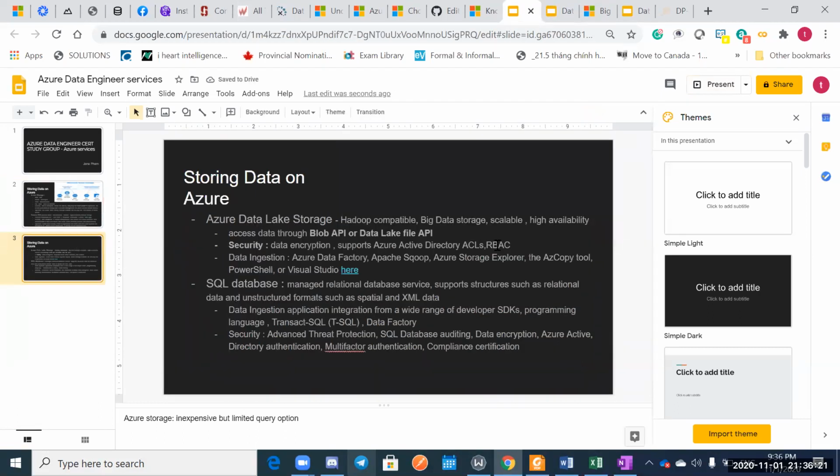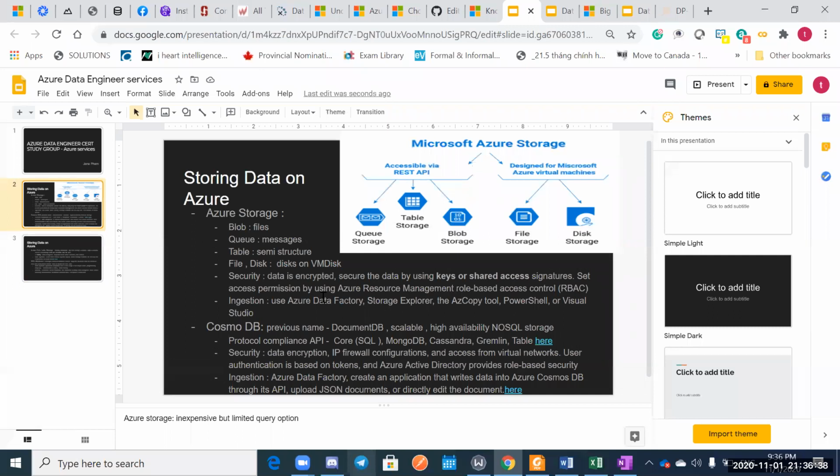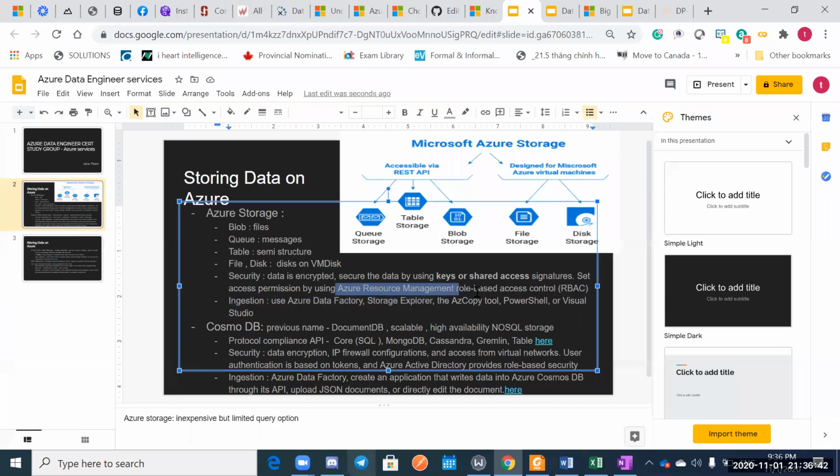You have here again security, data encryption, Azure Active Directory, RBAC. So get familiar with the keywords, because when you remember the keywords, you will see them over and over again, and you will get familiar with the architecture. I just want to repeat again: Azure Resource Management, Role-Based Access Control. This one.